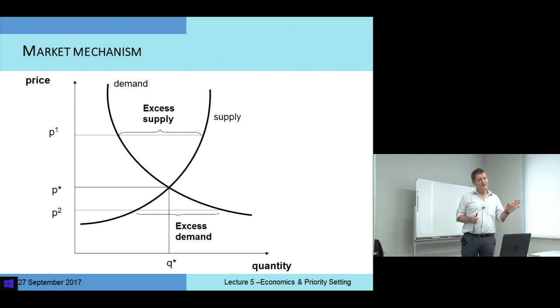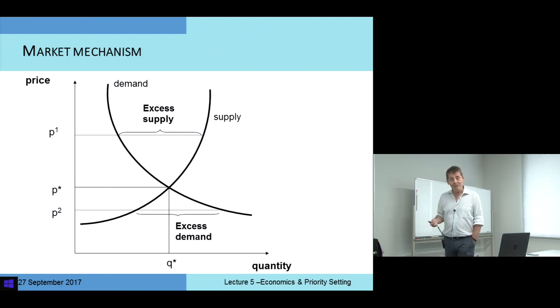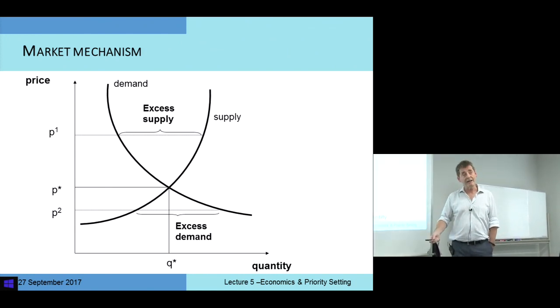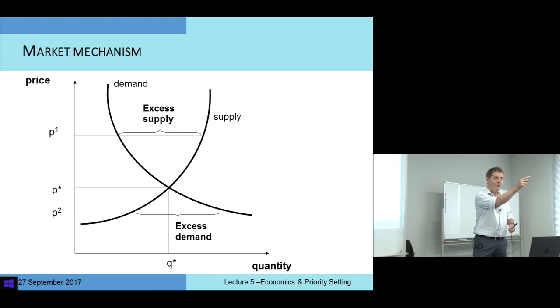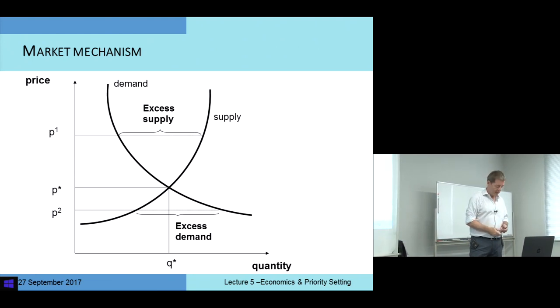But not a great example because we don't tend to use prices to allocate these things. Okay, so this is how a market works. If we've got excess supply or excess demand, we expect the signal that people get will help us move back towards the equilibrium, where quantity demanded equals quantity supplied.